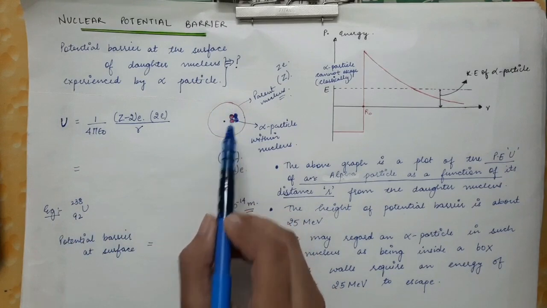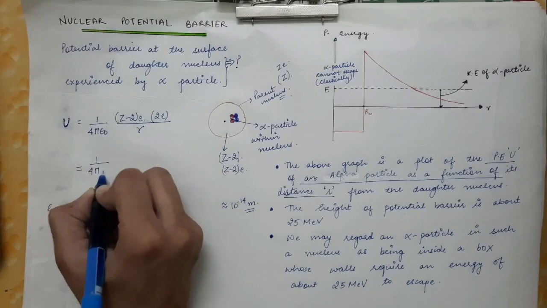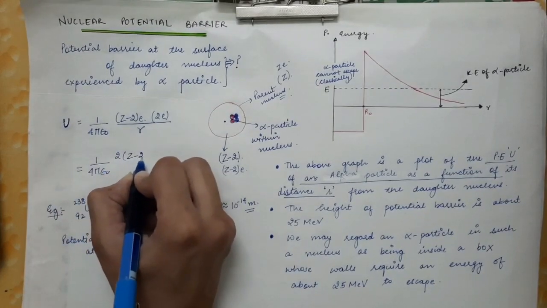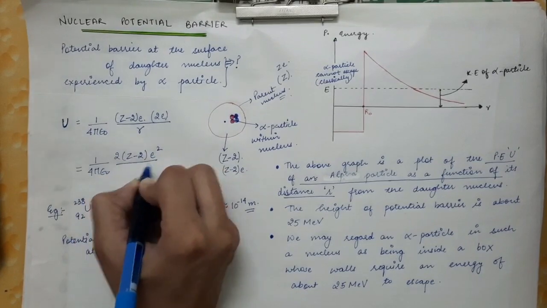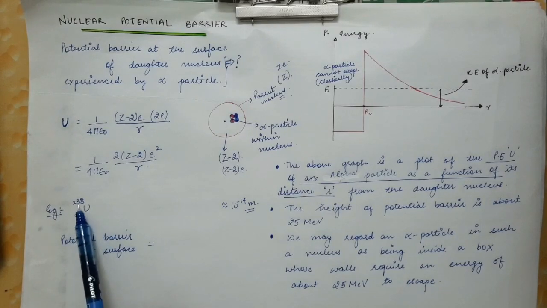So the potential energy at the surface of the nucleus experienced by the alpha particle will be equal to 1 by 4 pi epsilon naught, then 2 into (Z minus 2) into E square divided by r. So let's take an example of uranium-238. In uranium-238, there are 92 protons.